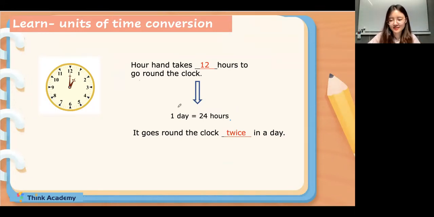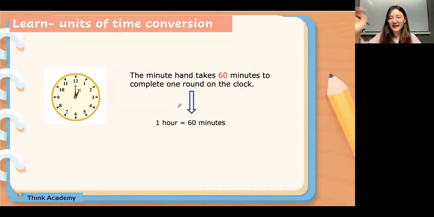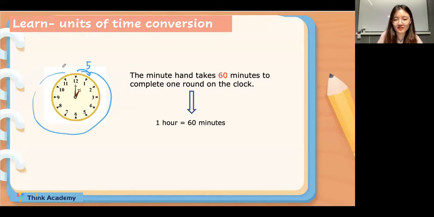Now let's move to the minute hand. The minute hand takes 60 minutes to complete 1 round on the clock, right? If the minute hand travels from 12 to 1, then 5 minutes have passed. So if the minute hand takes 60 minutes, it will complete 1 round on the clock.